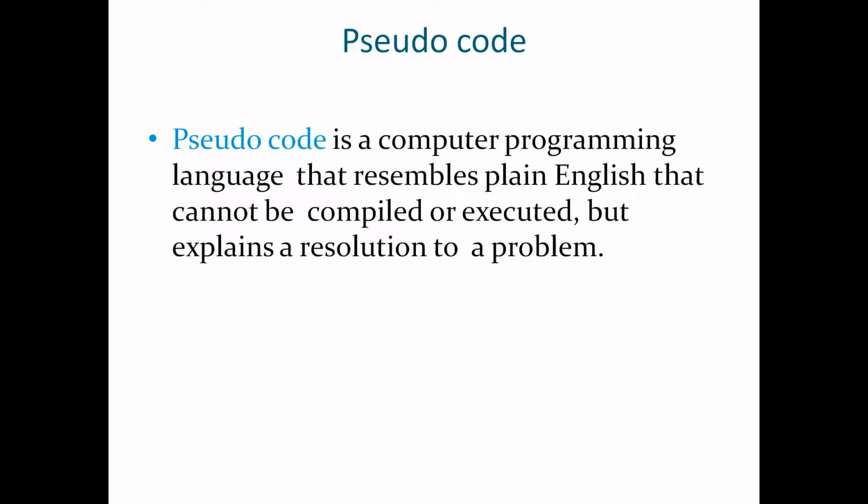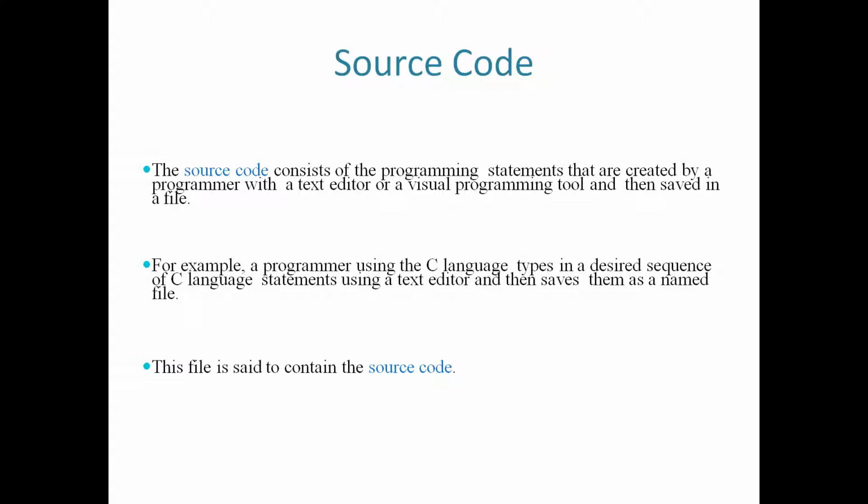These are the things that we have discussed till now. And now coming towards the source code. The source code consists of the programmer's programming statements that are created by a programmer with a text editor or a visual programming tool and then saved in a file.